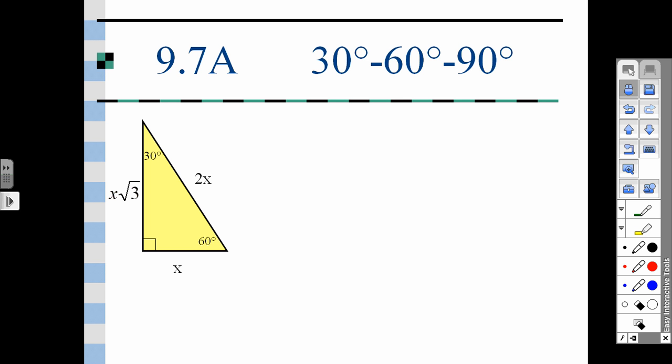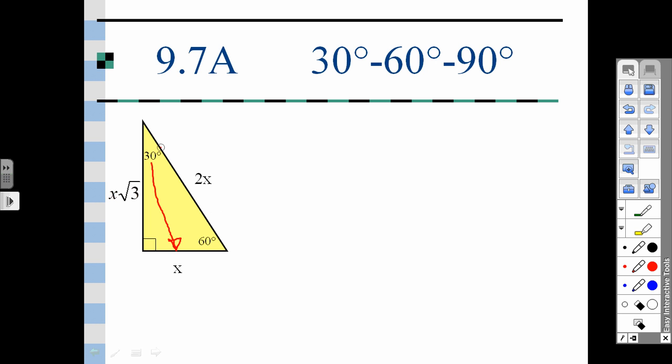Good. Okay. What you are going to be responsible for knowing is that each of the sides in a 30, 60, 90 triangle have a special relationship with each other. So first of all, remember that the smallest angle in the triangle is going to be opposite the smallest side.